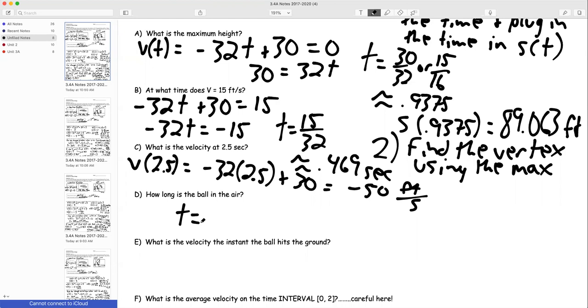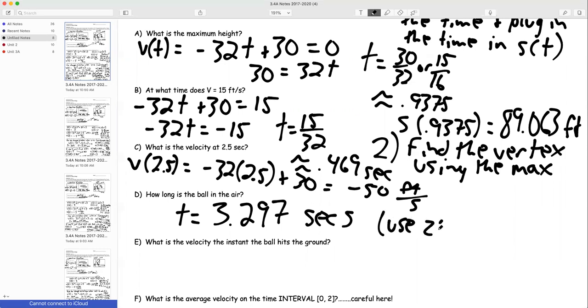And I am going to be on pins and needles waiting for your answer. Hold on. T equals 3.297 seconds. I'll put myself a little note here: use the zero key on the calculator.